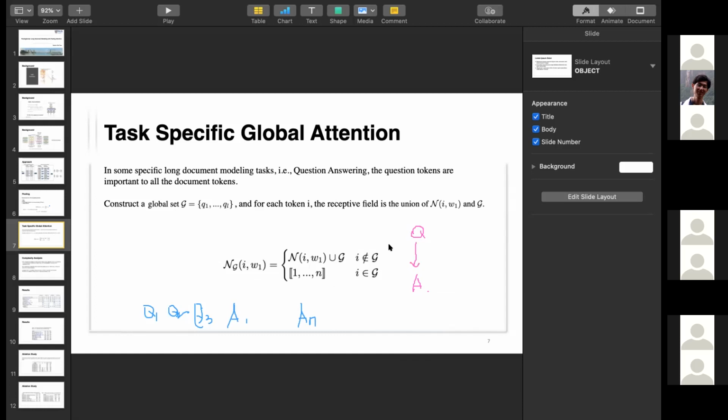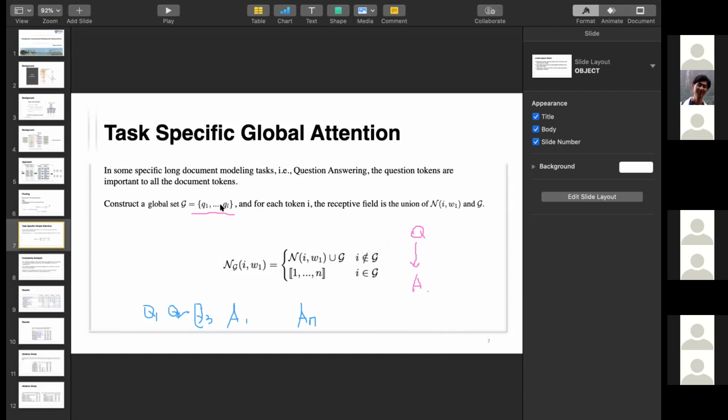And here it seems that we construct a global set to put all the questions together. Not all the questions, because each training example will only contain one question and one answer. Yes. So here Q1 up to QL means the tokens in the question.